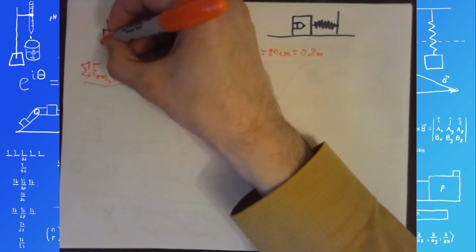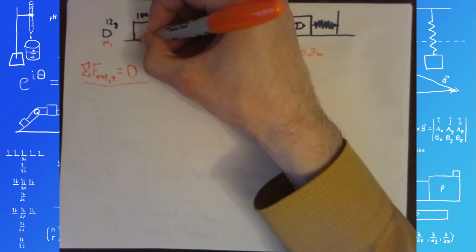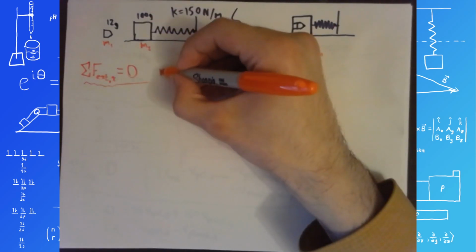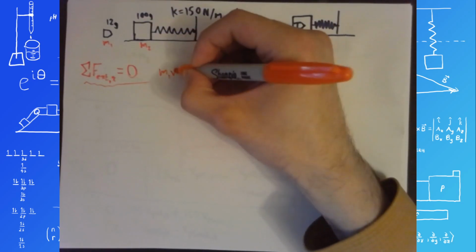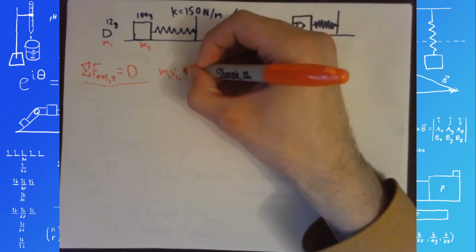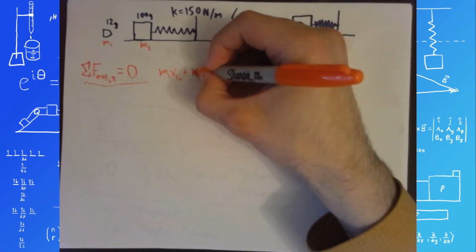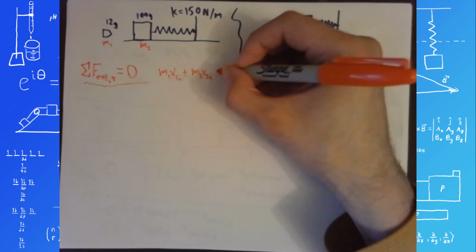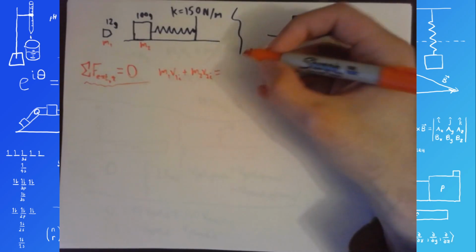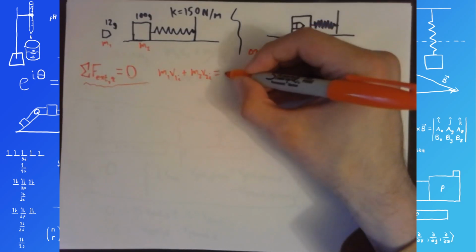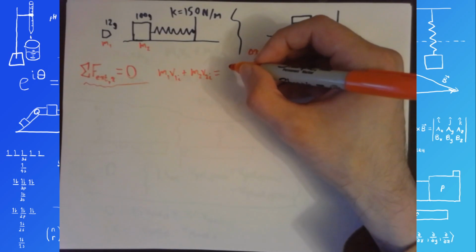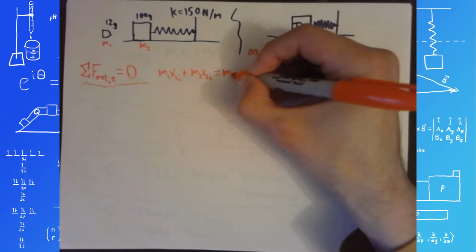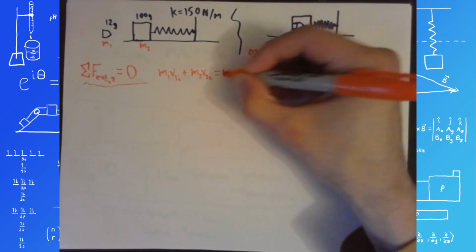Then we can say, I'm just going to call them M1 and M2. So M1 V1 initial plus M2 V2 initial equals, well, they come together, so it's going to be M1 V final plus M2 V final, or M1 plus M2 all times V final.